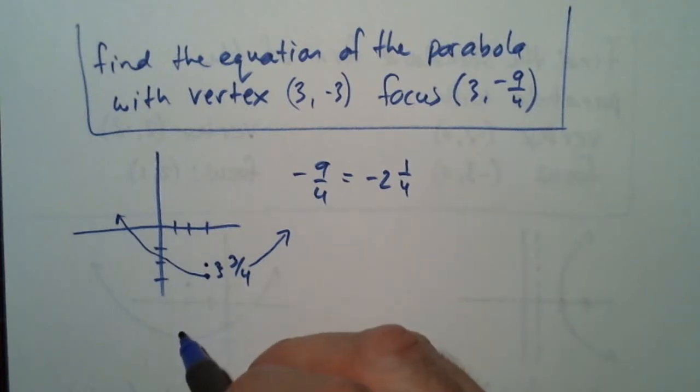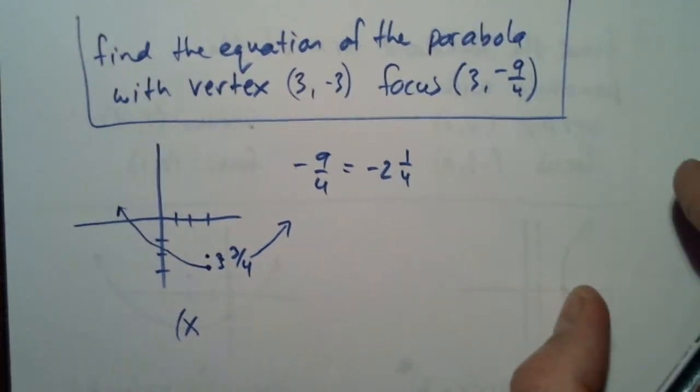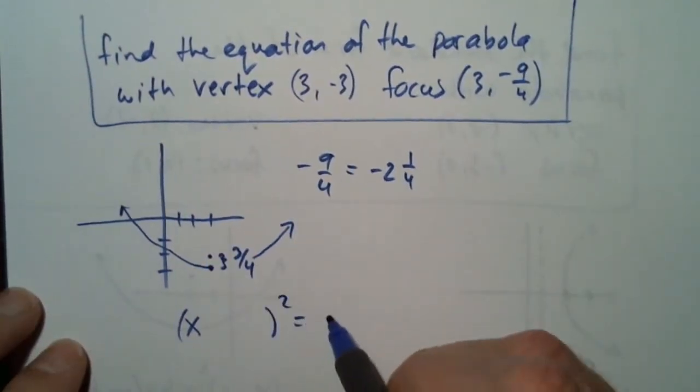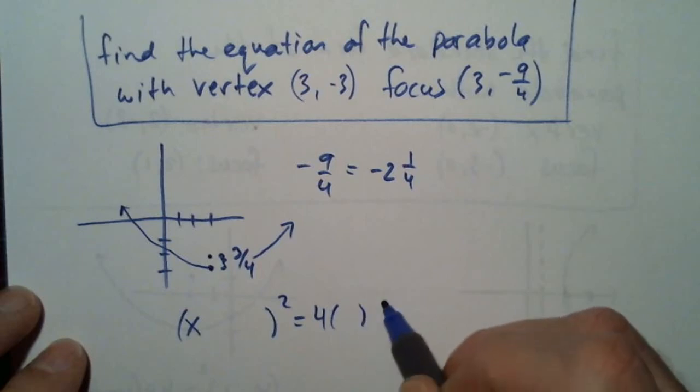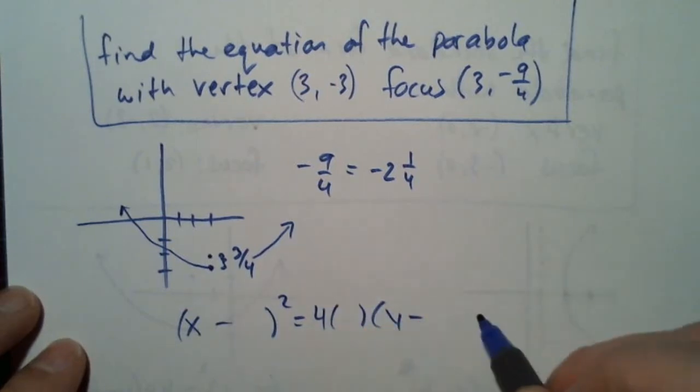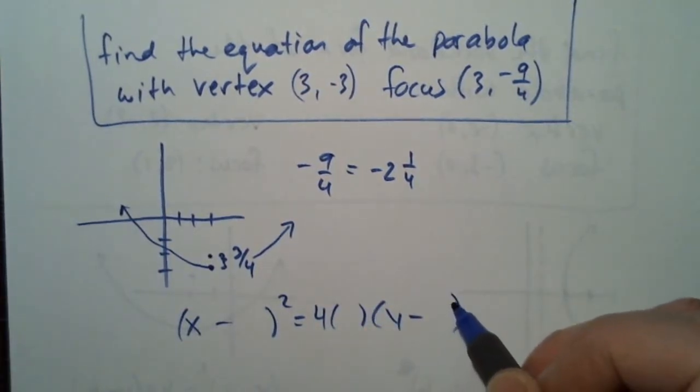So we have it opening vertically. We need an x squared. 4p y minus the vertical shift.